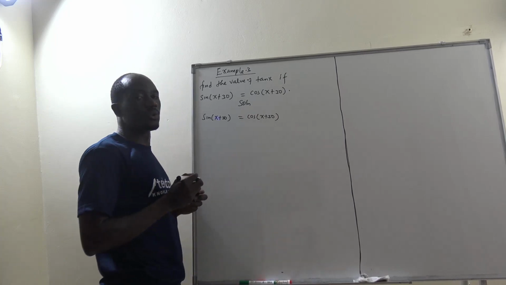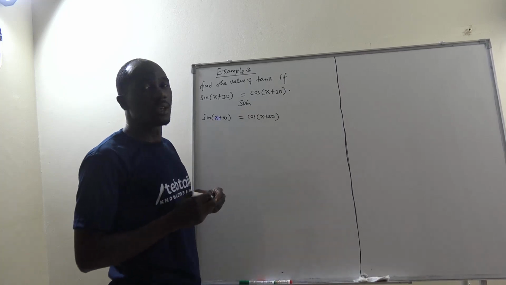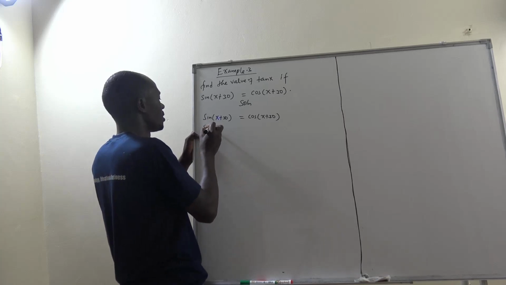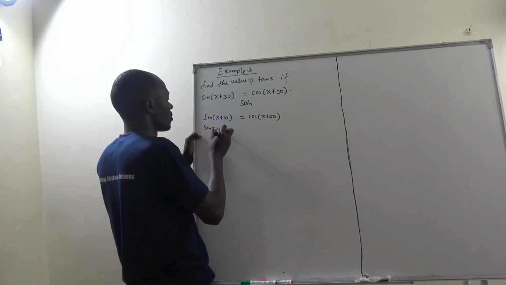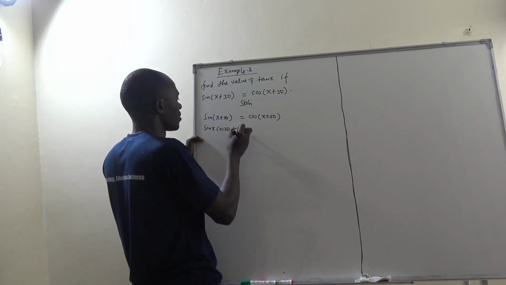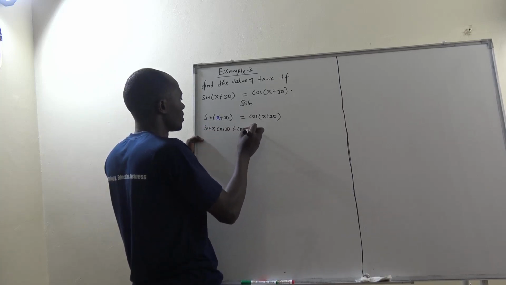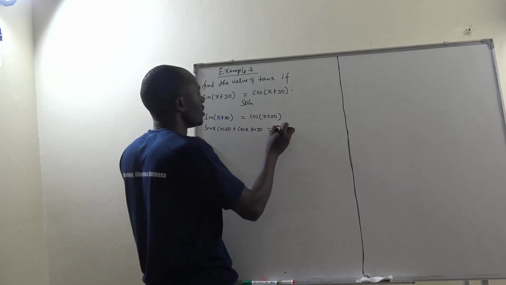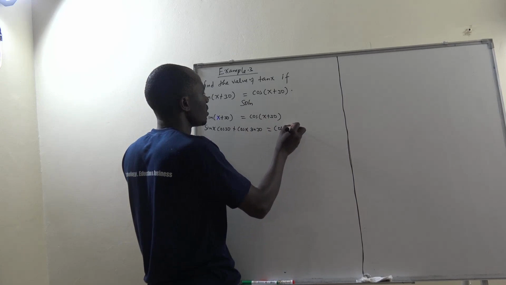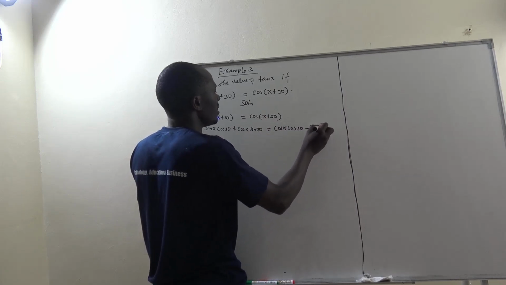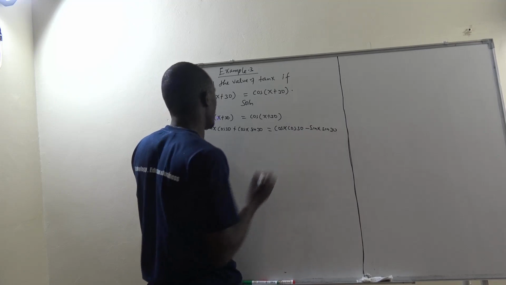So we are going to open these compound angles. This is the same as sine x cos of 30 plus cos x sine 30 equals, we open, cos x cos of 30 minus sine x sine of 30.